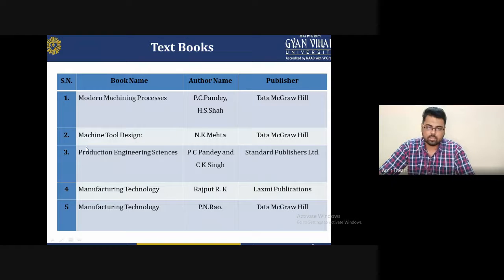Second, Machine Tool Design by N.K. Mehta, Tata McGraw-Hill. Third, Production Engineering Sciences by P.C. Pandey and C.K. Singh, Standard Publication. Fourth, Manufacturing Technology by R.K. Rajput, Laxmi Publication. Fifth, Manufacturing Technology by P.N. Rao, Tata McGraw-Hill.